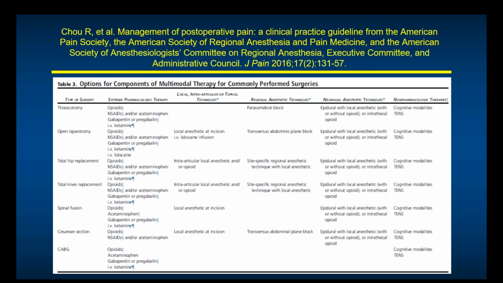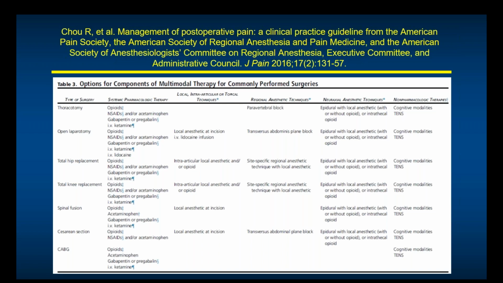But these evidence-based guidelines go over all of the different surgical procedures, and this is an example in this table, and the multimodal strategies that have been studied with benefits in the treatment of that particular post-surgical pain condition. And you can see that they also list the non-pharmacologic therapies that have been effective, and most often the cognitive modalities, cognitive behavioral therapy, are very helpful.